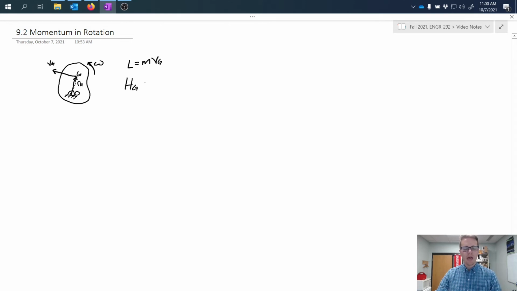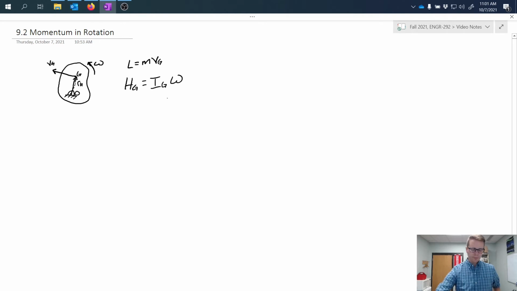Now we can look at the angular momentum of this rigid body, because we do have rotation, and the angular momentum about the center of gravity G is going to be equal to I, the mass moment of inertia about the center of G, so subscript G, times that angular velocity.